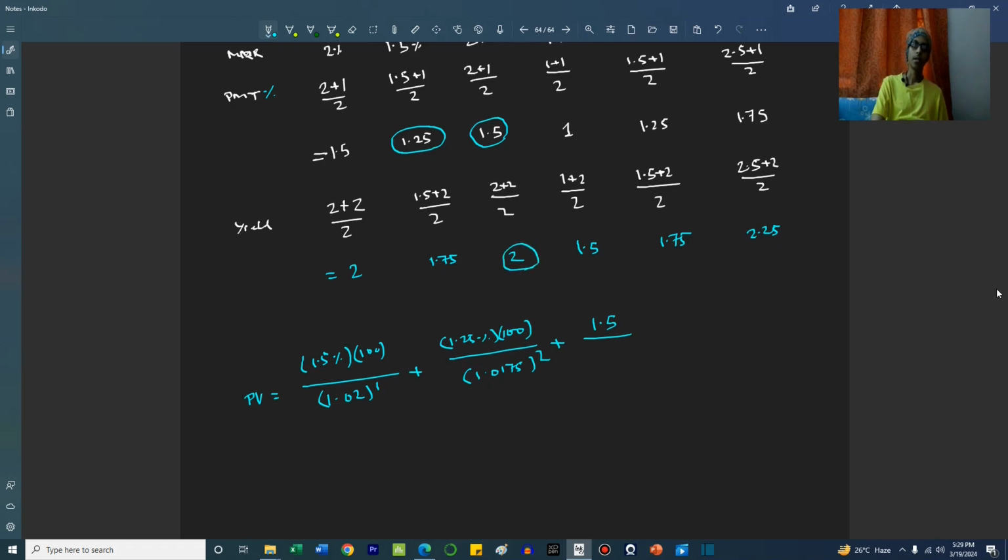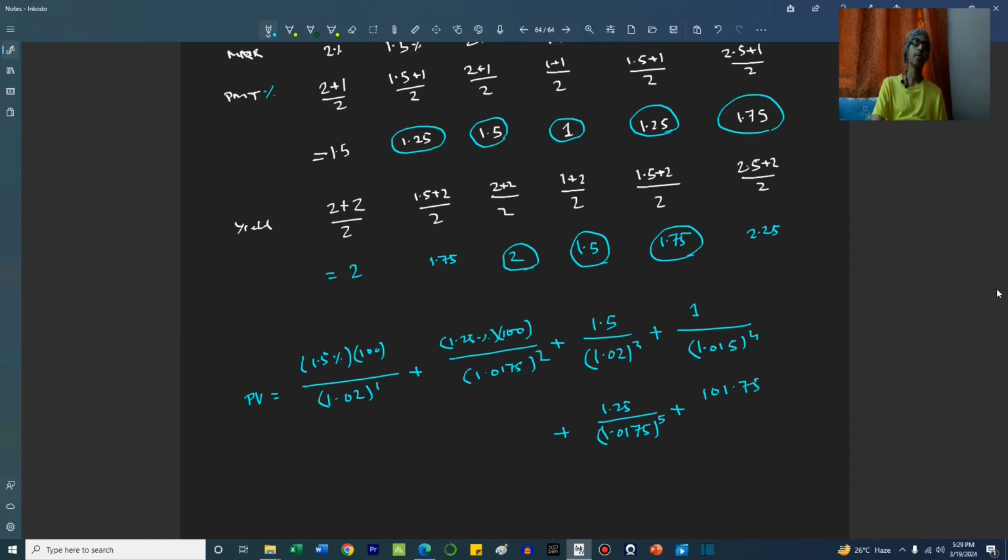So this is going to be 1.02 cube plus 1 by this 1.015 whole to the power 4, then this one 1.25 by this one 1.0175 whole to the power 5 plus 101.75, because this plus 100 is going to be there, right, because of the maturity payment.